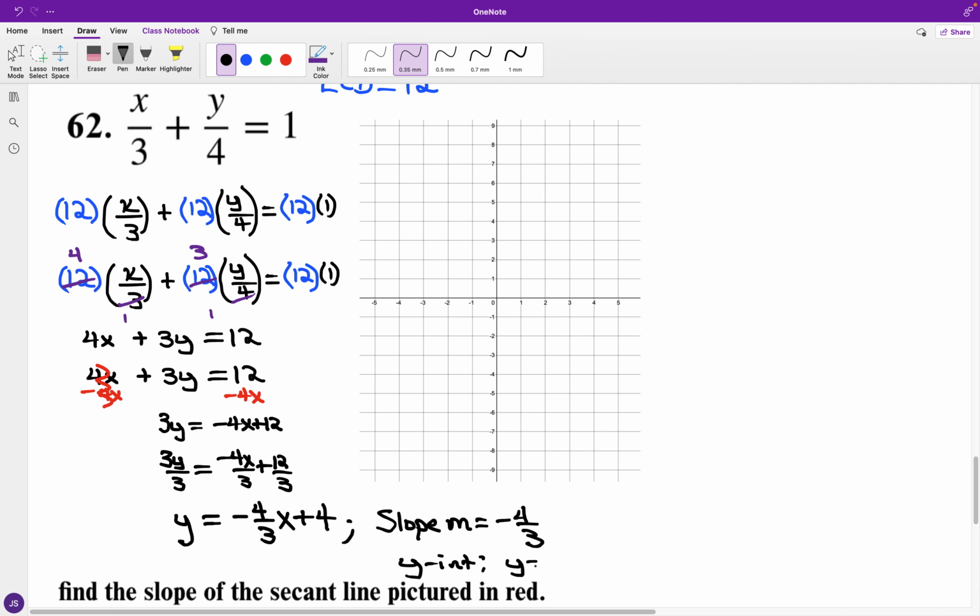So we can say the y-intercept is y is equal to 4. And as an ordered pair on the y-axis, we'll have (0, 4).